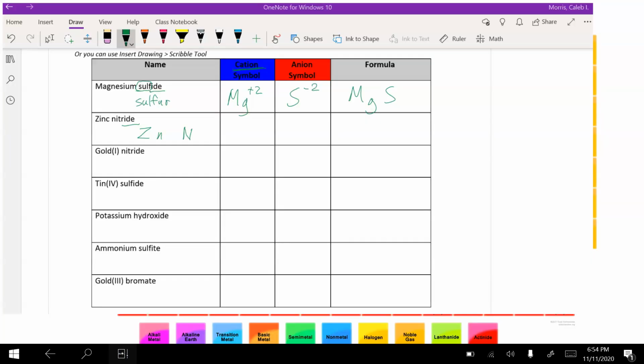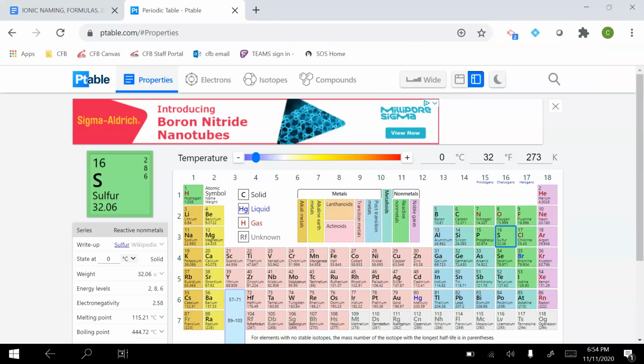Looking at our periodic table, Zn is right here, zinc. Now that's one of those three that I wanted to memorize the charges of over in that section of the periodic table. You see our staircase here, Ag, silver is at the bottom, then zinc, and then aluminum, positive 1, 2, 3.